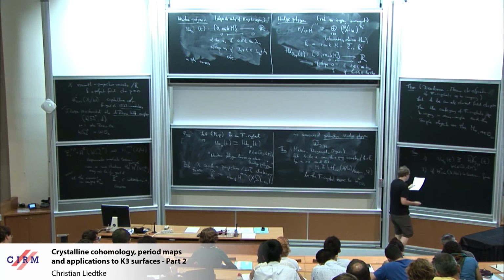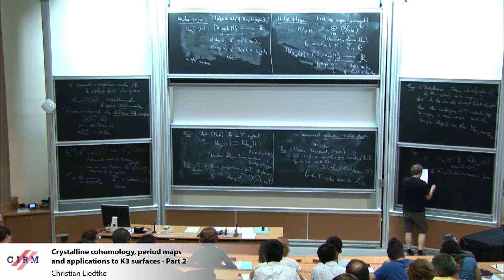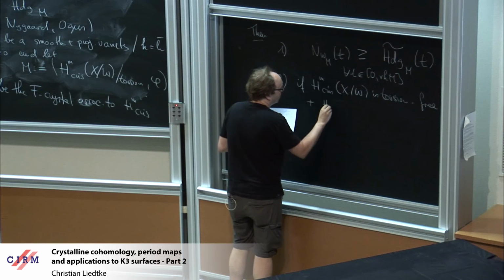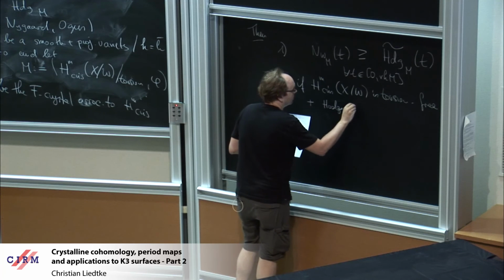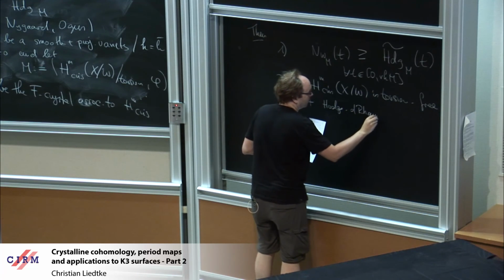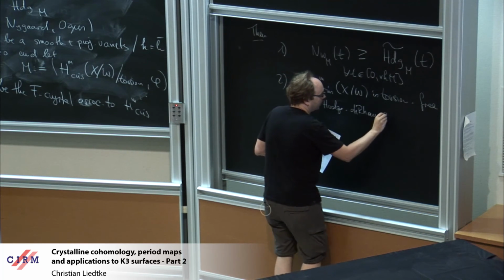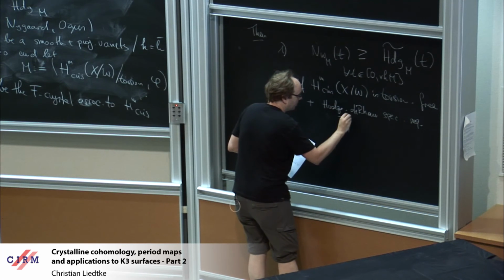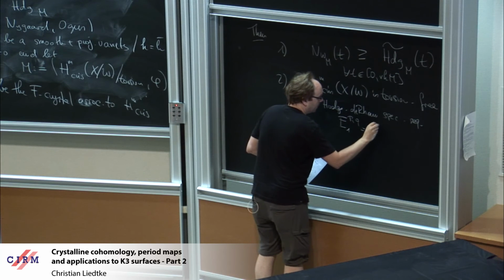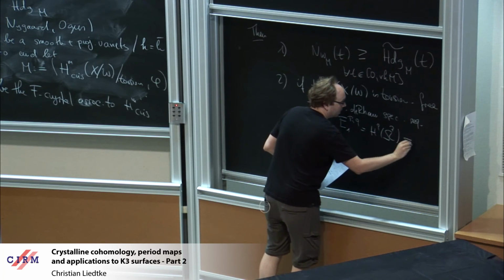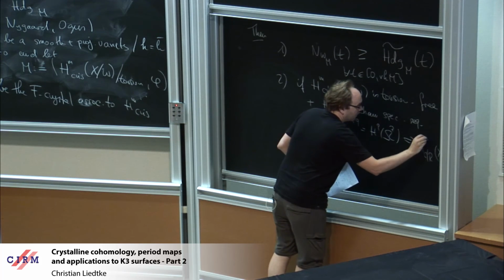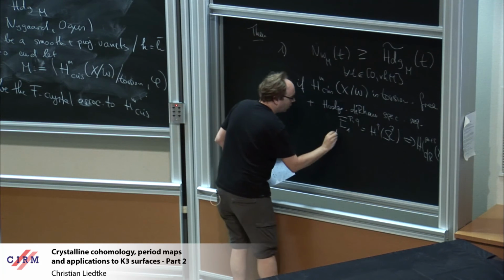So if this is torsion-free, and the second condition is that the Hodge-de Rham spectral sequence degenerates at E1.